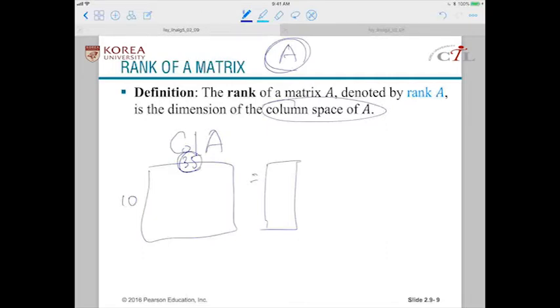So even if we are given a really large matrix, some hidden linearly independent vectors may be just a small number out of the many columns that we are given.